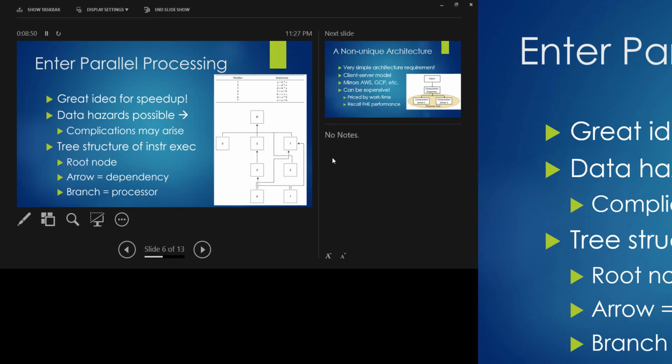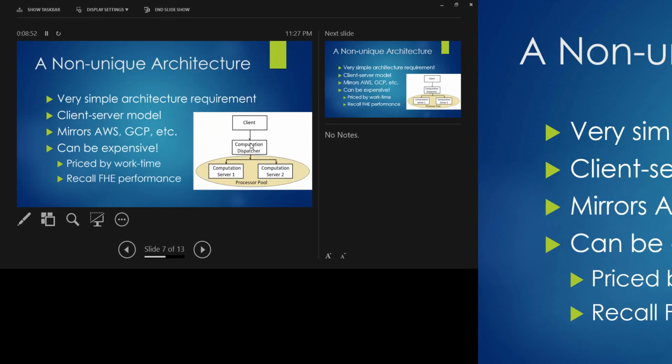And let's continue here. Okay. And we'll also see that the architecture that is used for parallel processing in fully homomorphic encryption schemes is really not unique at all. It is exactly the kind of processing scheme that we see in common cloud computing platforms such as AWS and Google Cloud platforms, among others.